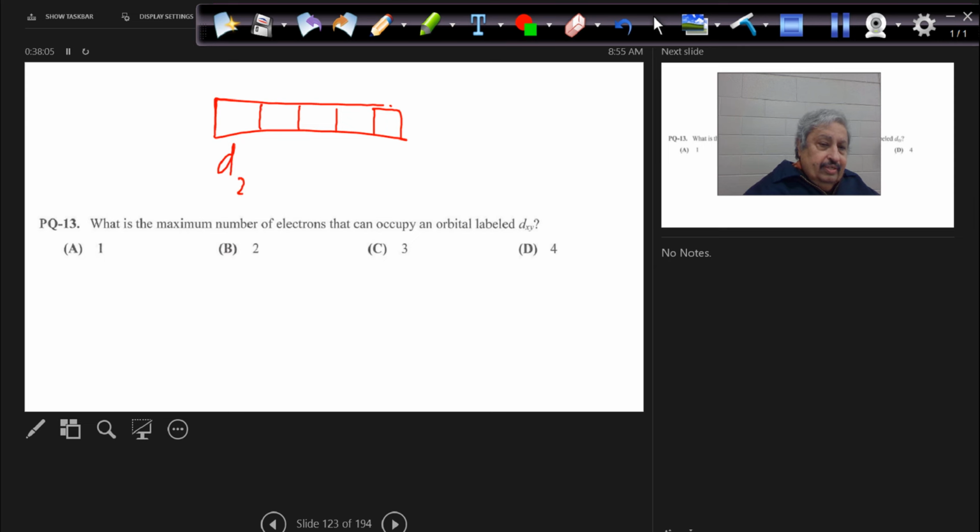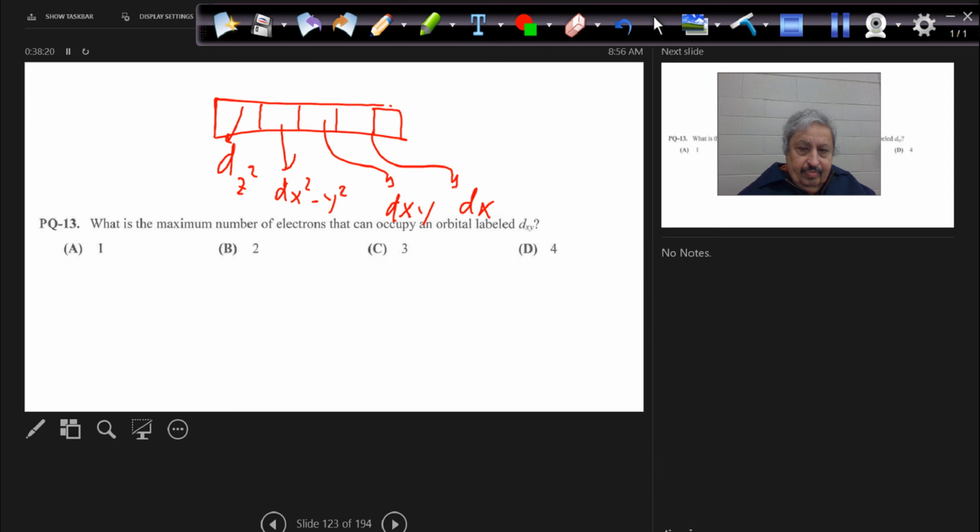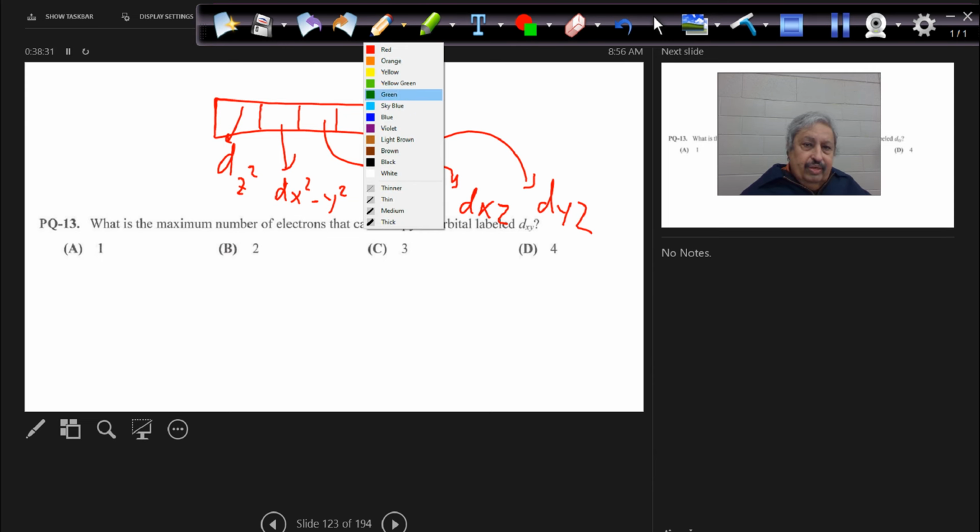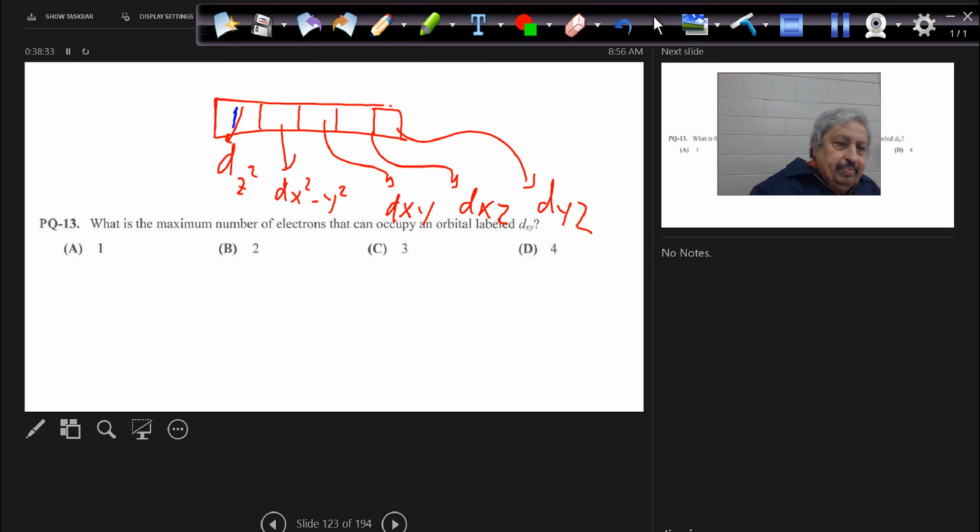This is dz squared, this is dx squared minus y squared, this is dxy, dxz, dyz. Now, if you look, the maximum of each of those will be filled with 2 electrons, correct? So up, down, up, down, and so on.